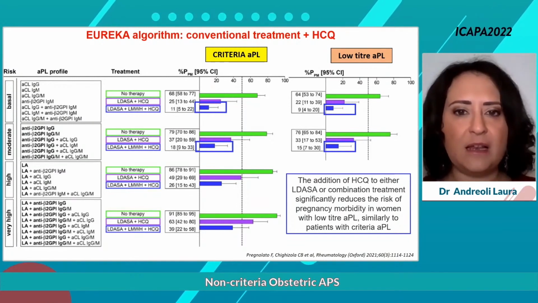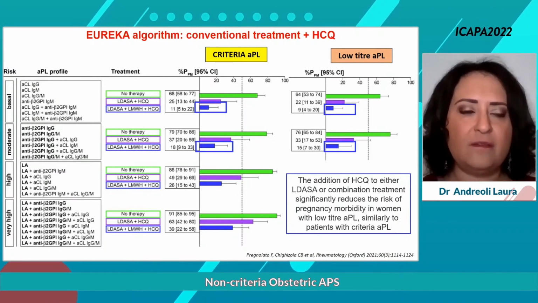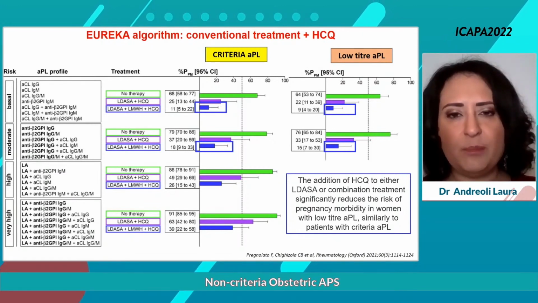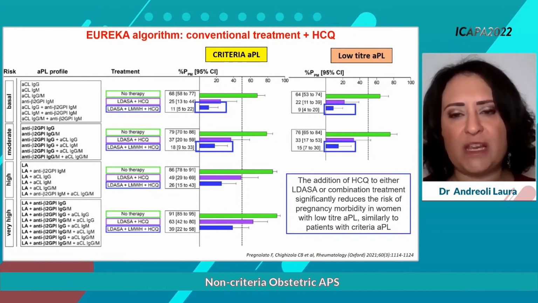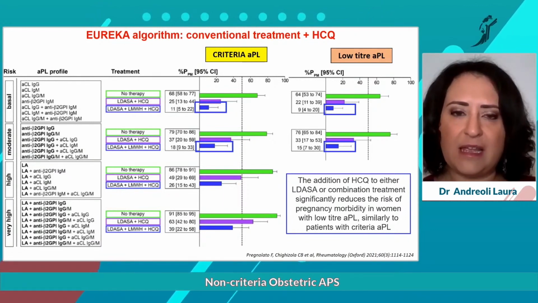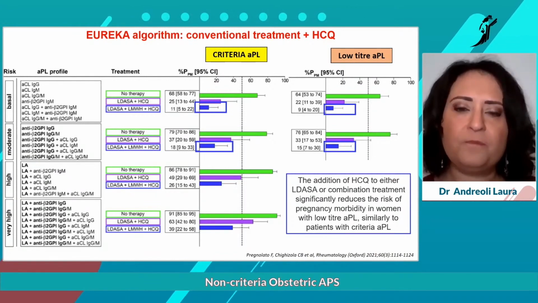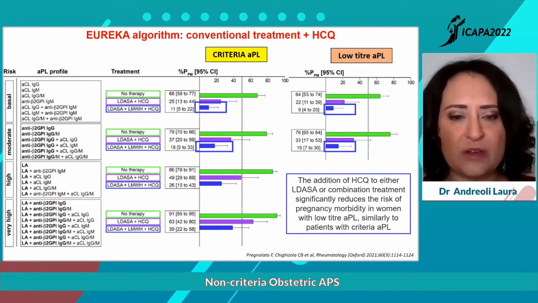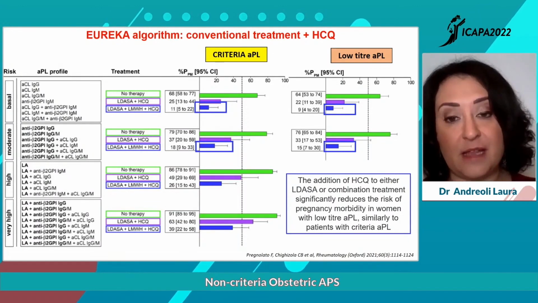So this algorithm is actually very useful to assess point by point the risk of your patients according to the APL profile. And it shows how we can reach better outcomes by treating also non-criteria APL.